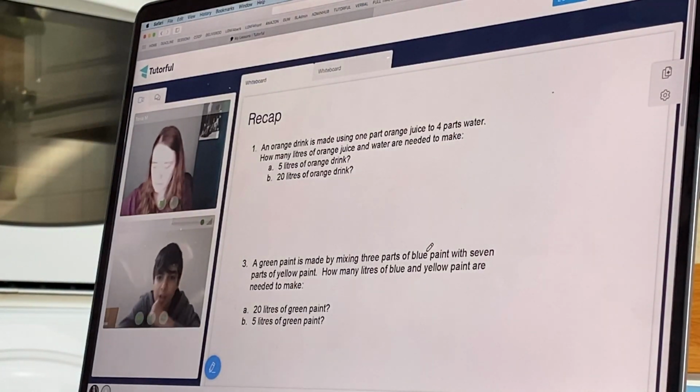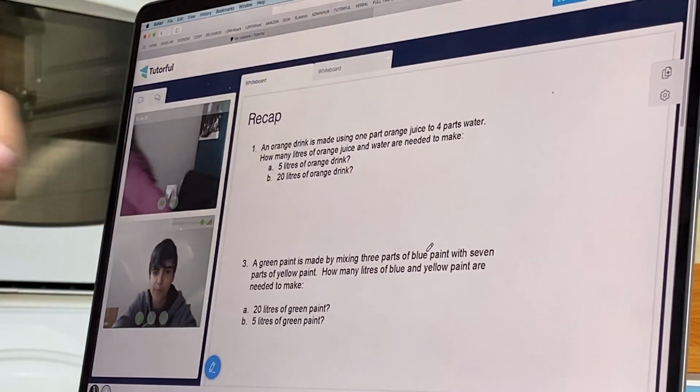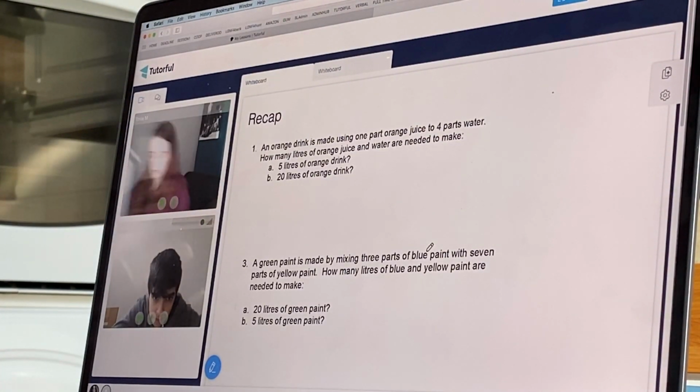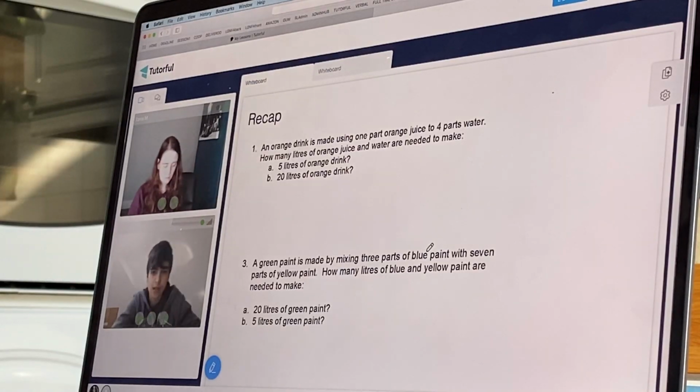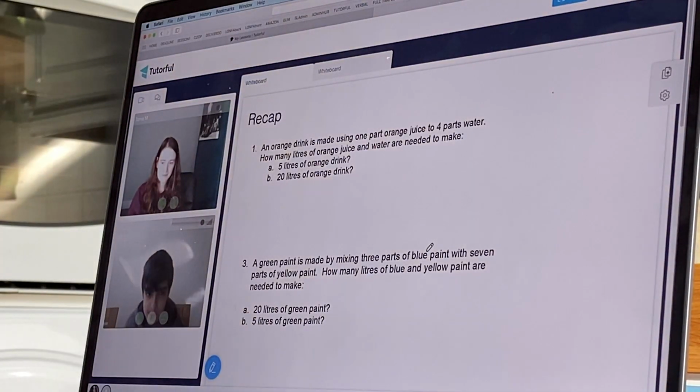Okay, so 4 litres. For 5. For 8, is it going to be?